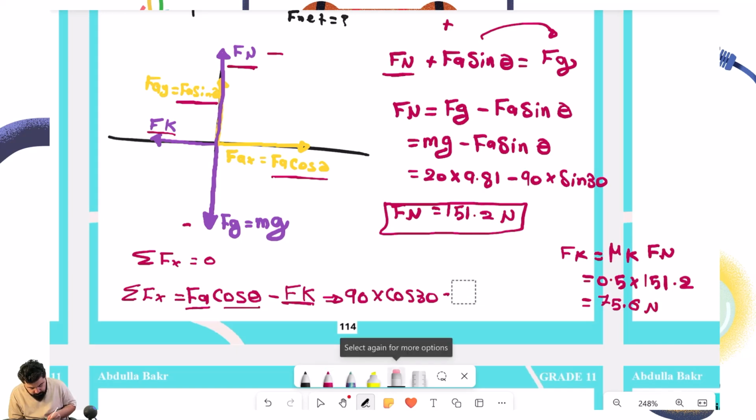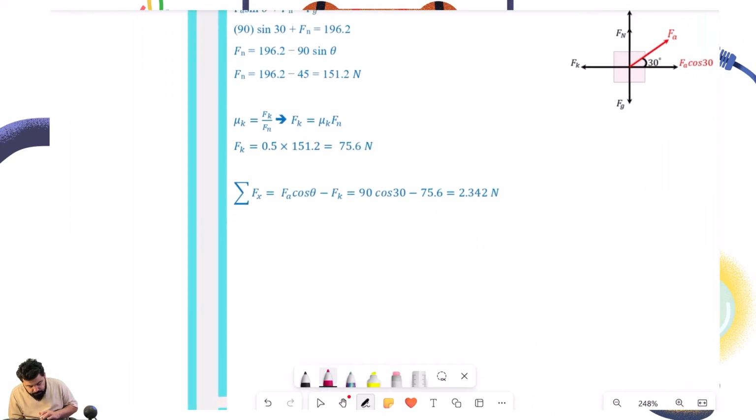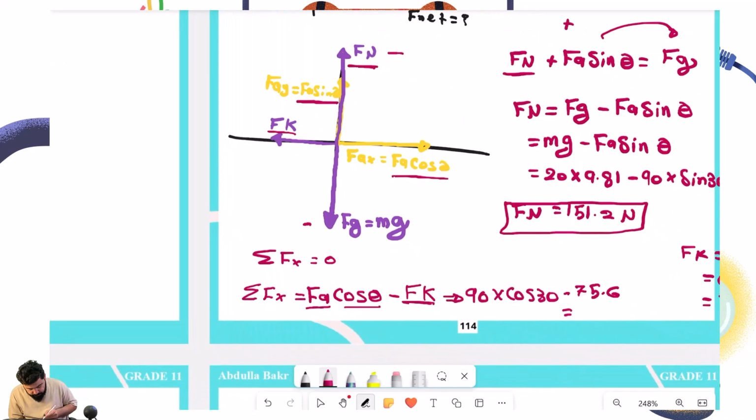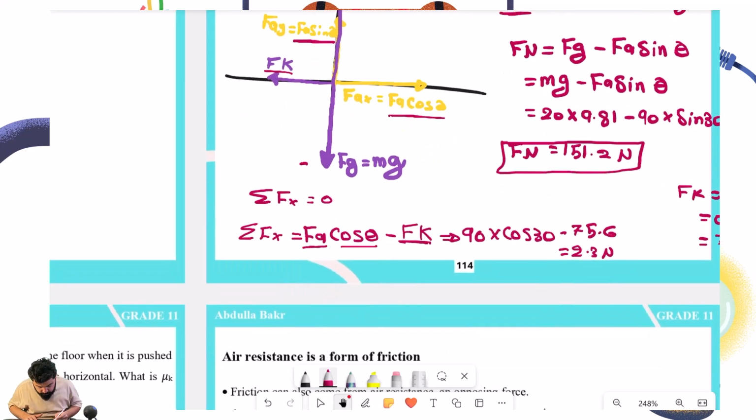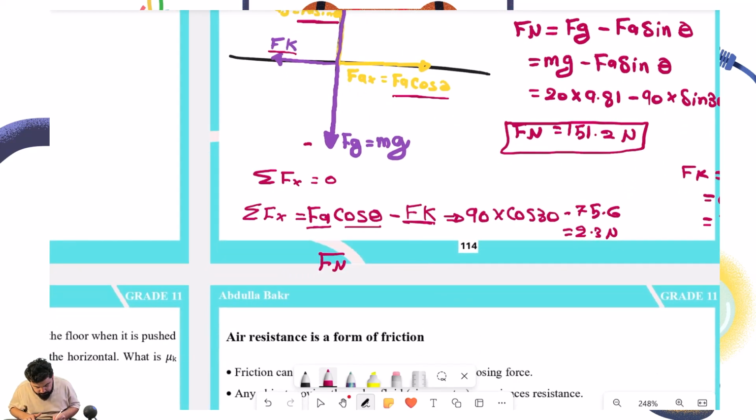So let's remove Fk. We're going to put in place of it 75.6. The result is equal to 2.3 Newton. This is the sum of all the forces, so F net is equal to 2.3 Newton.